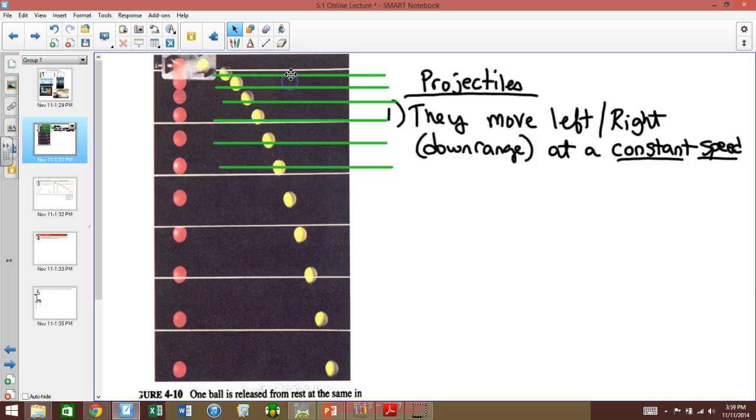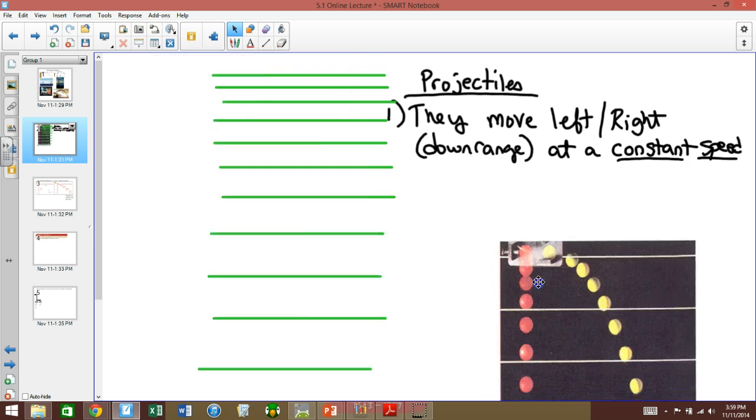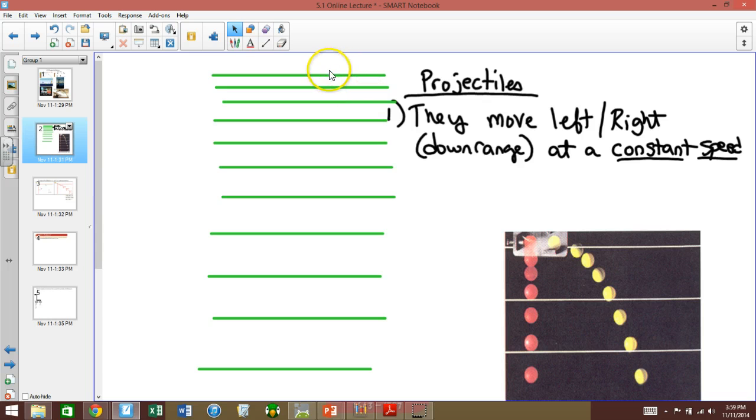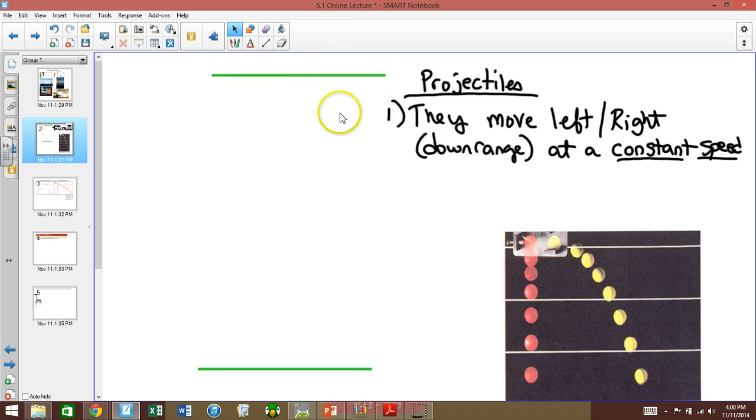And let's see if we can see a pattern going on here. Get rid of it. You'll see that they're getting larger as they go down. And that should make sense to you, that they're accelerating down at gravity.